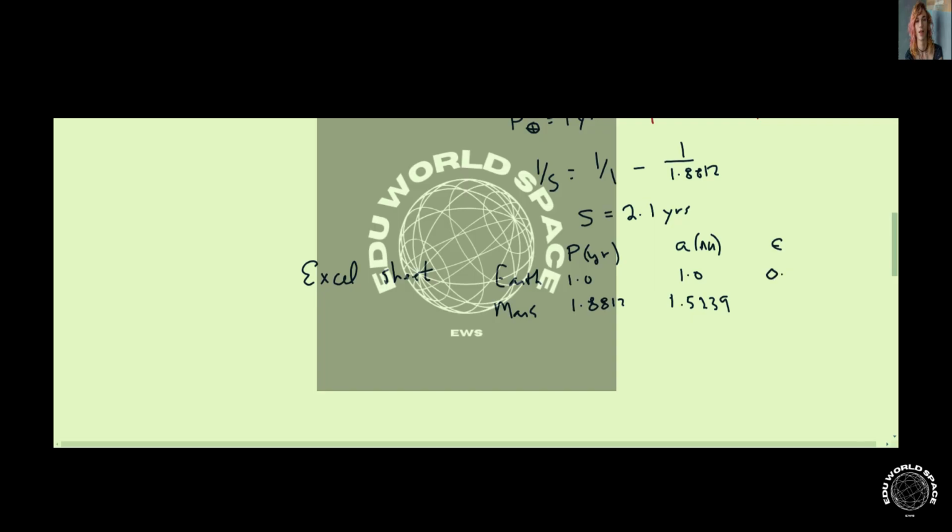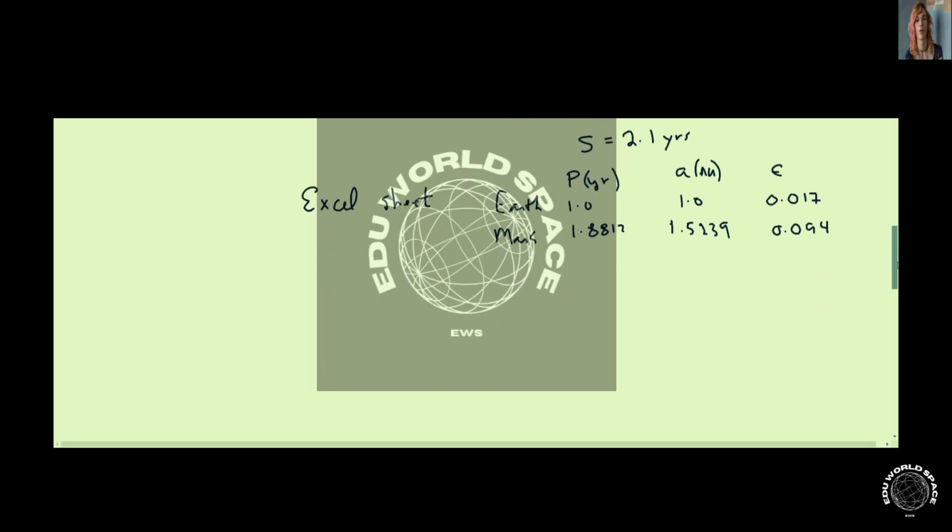And even Earth is a little bit eccentric. Not a whole lot, but it is a little bit. Mars is practically the planet with the largest eccentricity in our solar system.